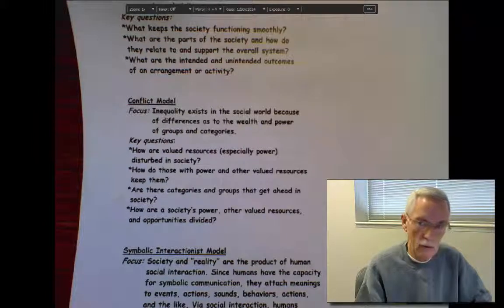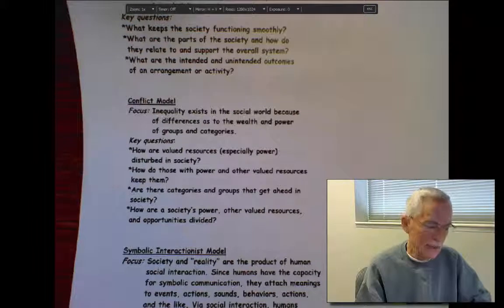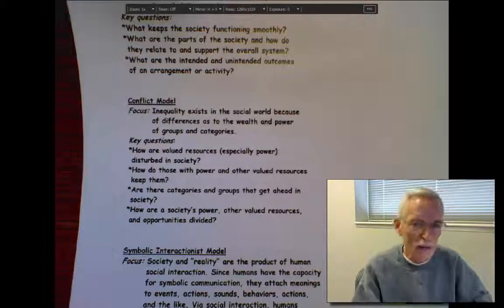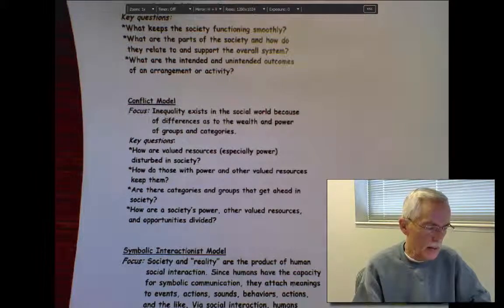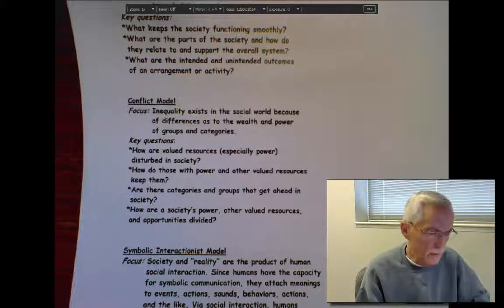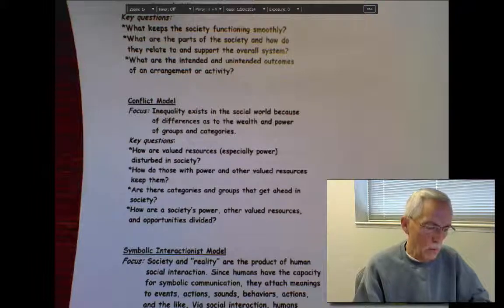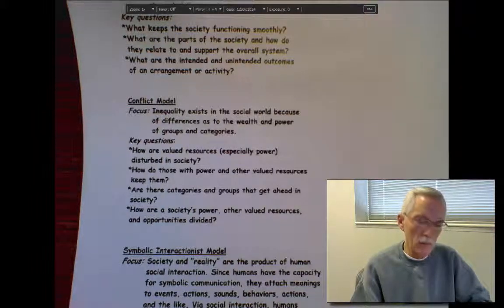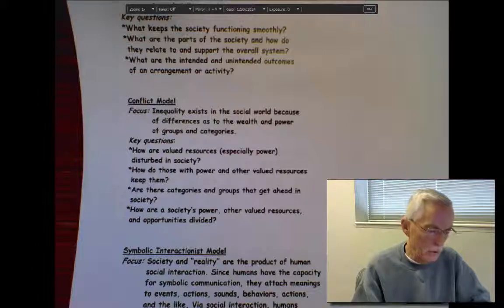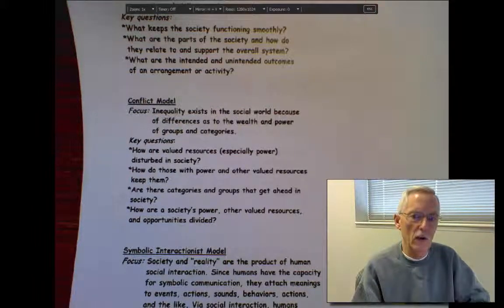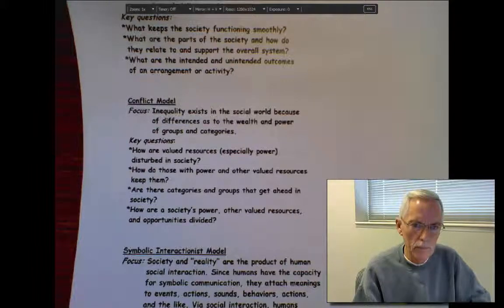Conflict-oriented researchers have argued they gain this support by using and exchanging their sexual availability, the one limited but highly valued resource that they have. And for these researchers, it really doesn't matter if a woman exchanges her sexual availability through something like marriage or prostitution. The cause, they argue, is the same.